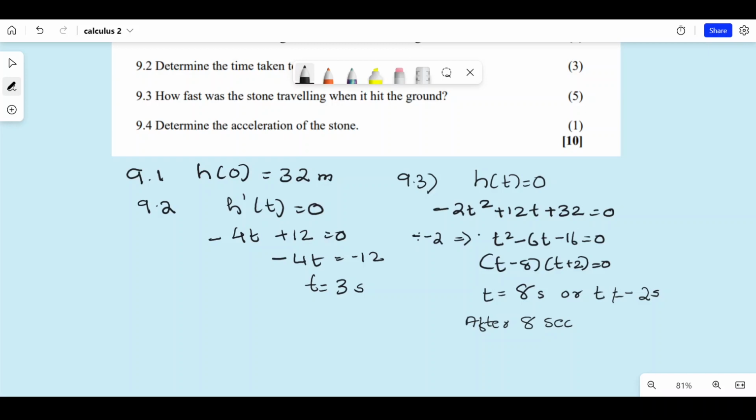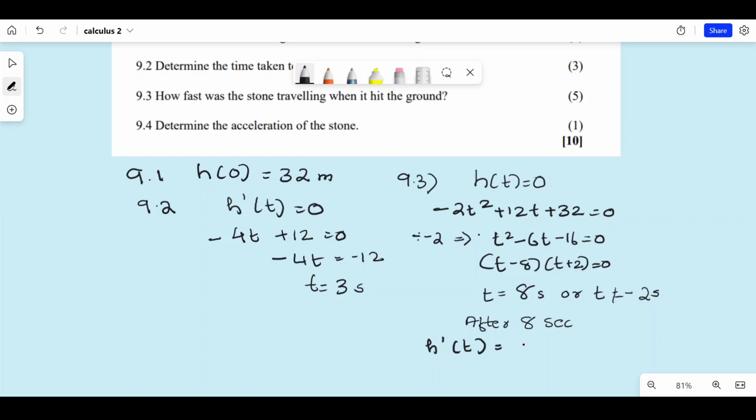But the question is not asking you to find the time when the stone hit the ground. The question is how fast the stone was going. For finding how fast, you are finding the rate of change of distance, which is the speed. That is h'(t).